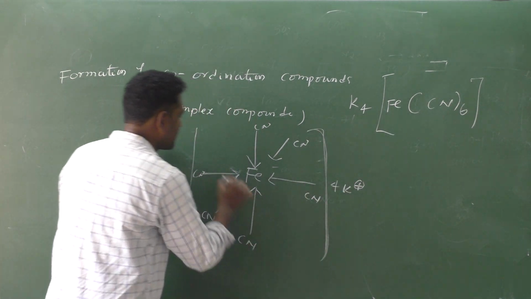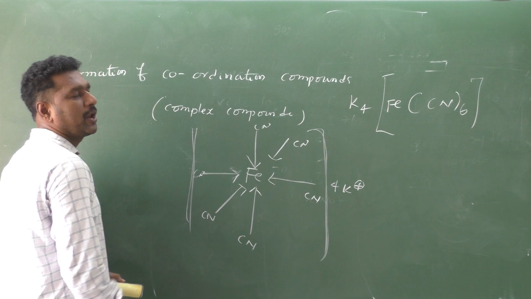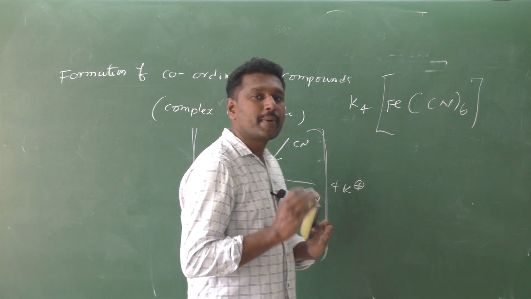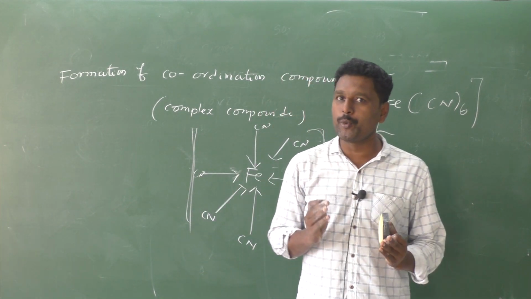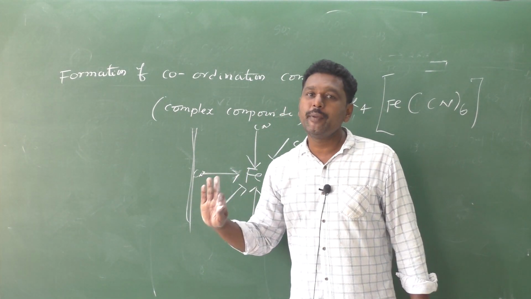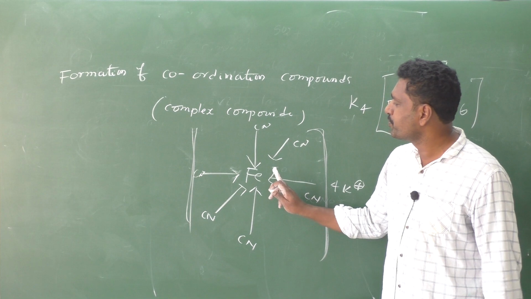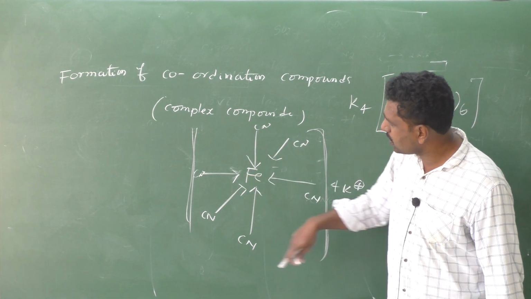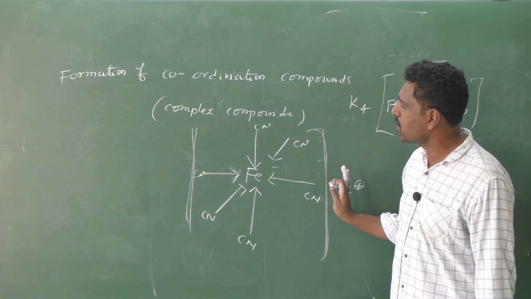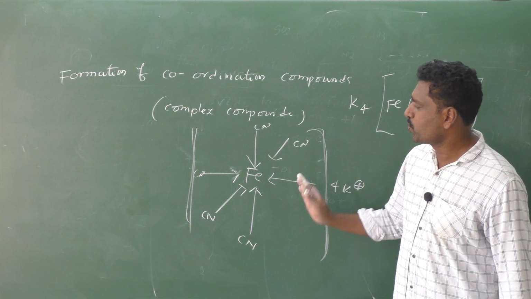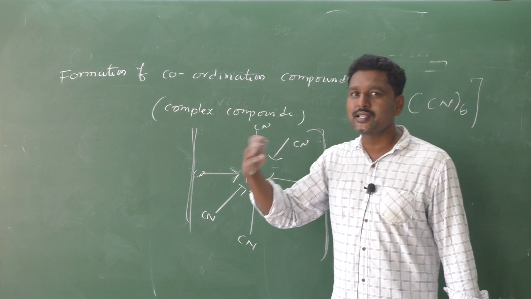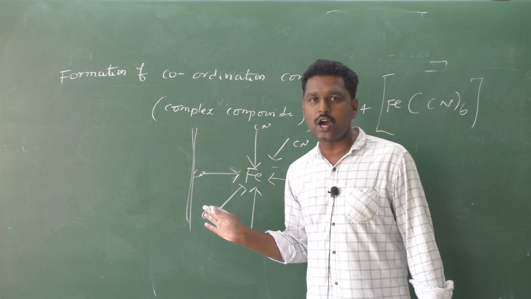So this is a complex compound. The structure is like this; I have given one simple structure. In complex or coordination compounds, d block elements act as the central atom. They are in the center of the compound and surrounded by ligands and ions.